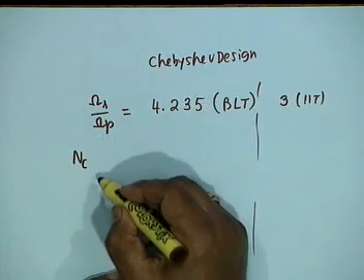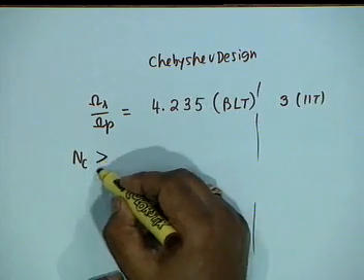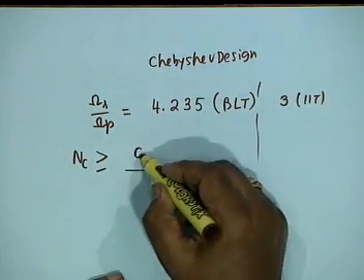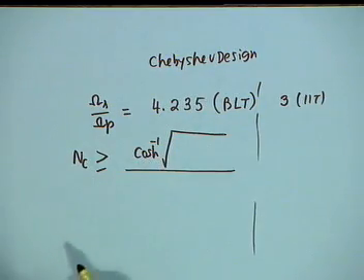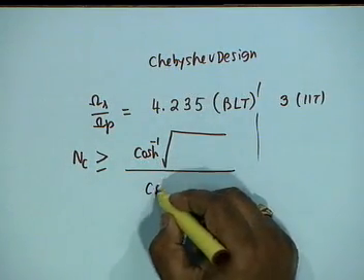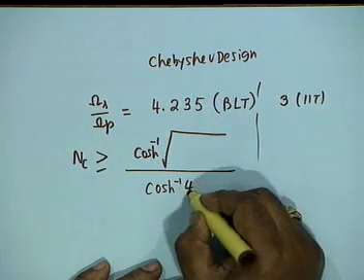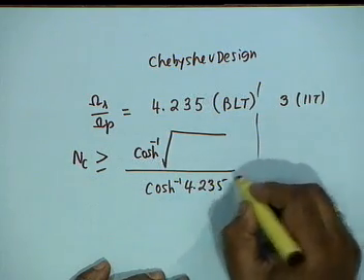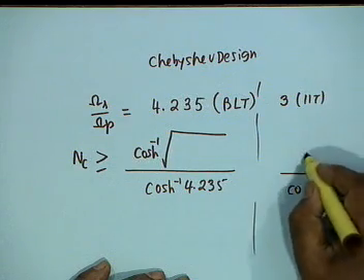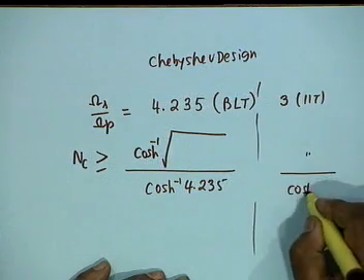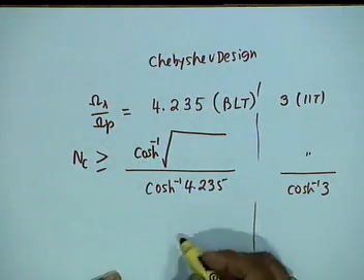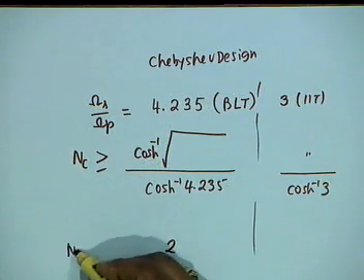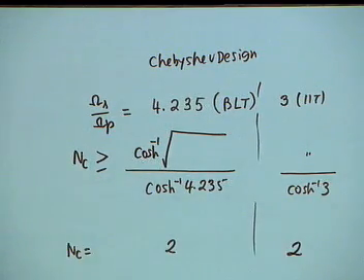n sub c Chebyshev is greater than or equal to cos inverse of the same factor, you substitute that value, divided by cos inverse of 4.235 here and cos inverse of 3 here, and it turns out that in both cases n sub c calculates out to 2.